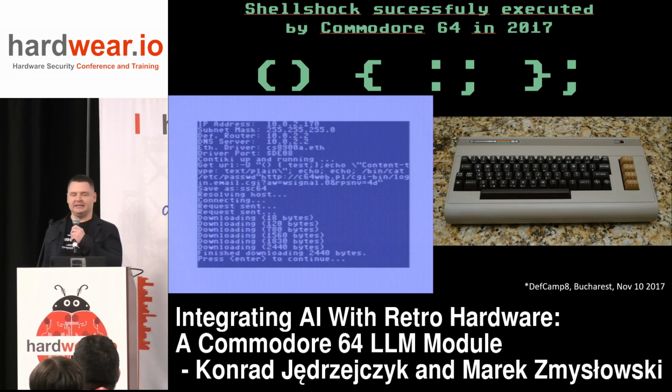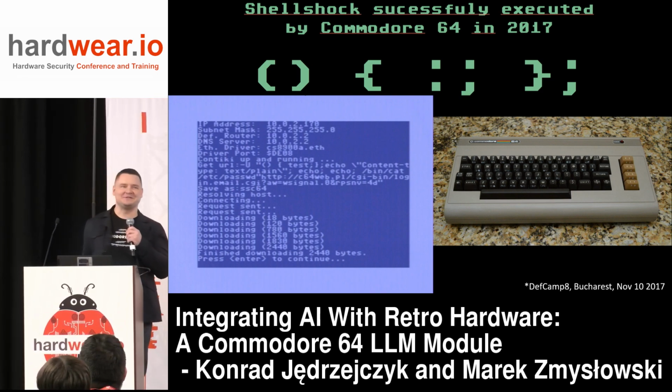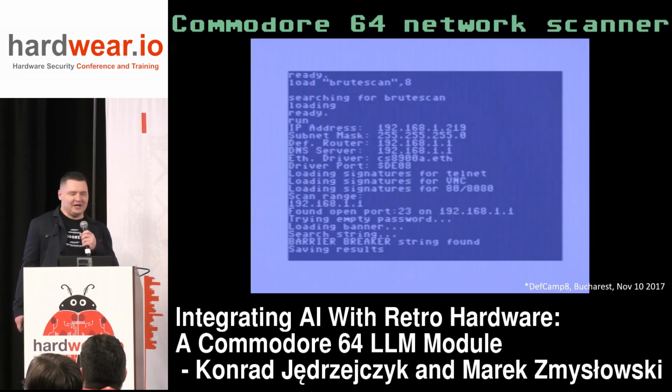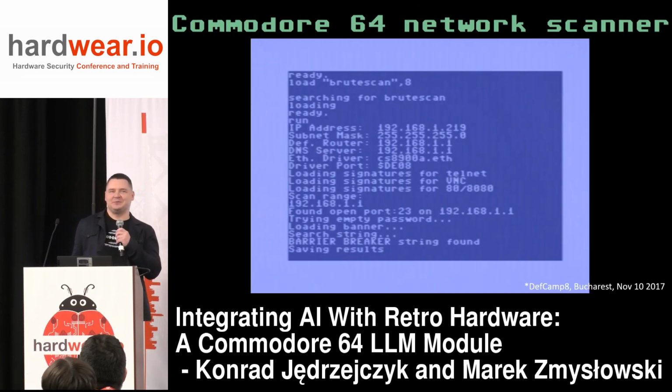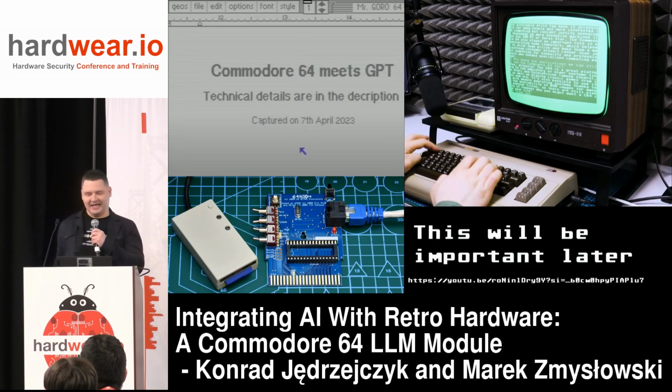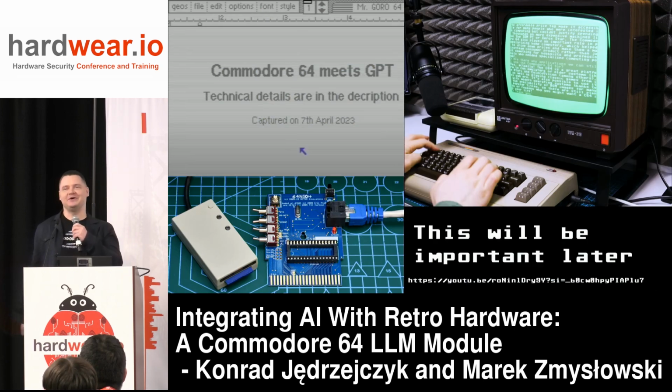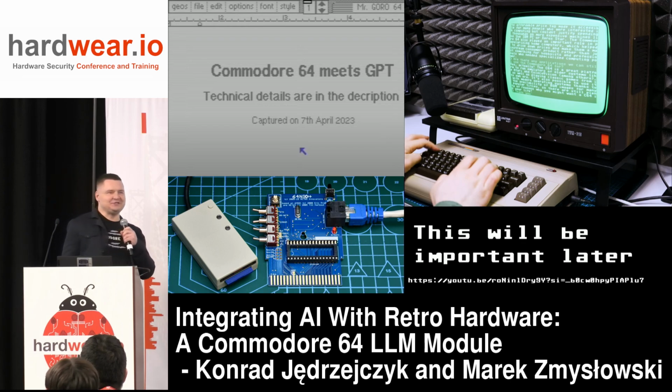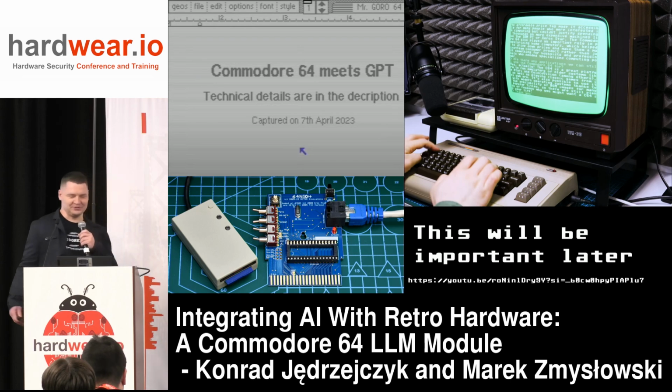There was a first Shellshock executed. This was still a thing in 2017. I also wrote a network scanner for Commodore 64, which works. And these are some screens of the only video I have on my YouTube channel, when I was using Commodore 64 as a terminal for a server with a large language model.